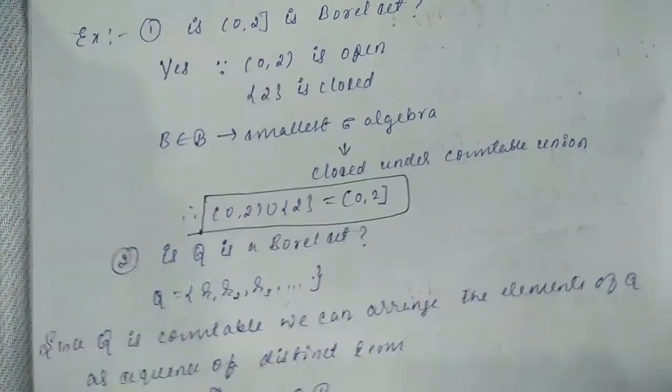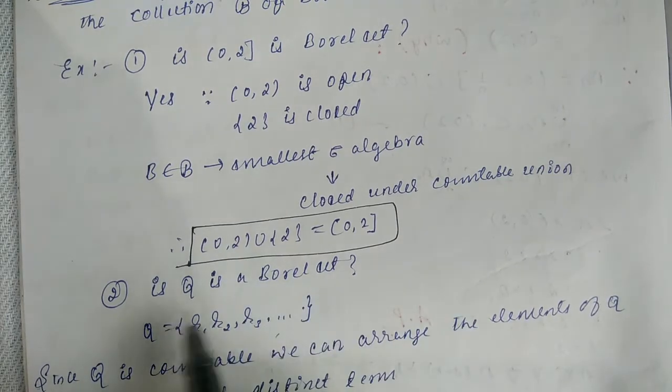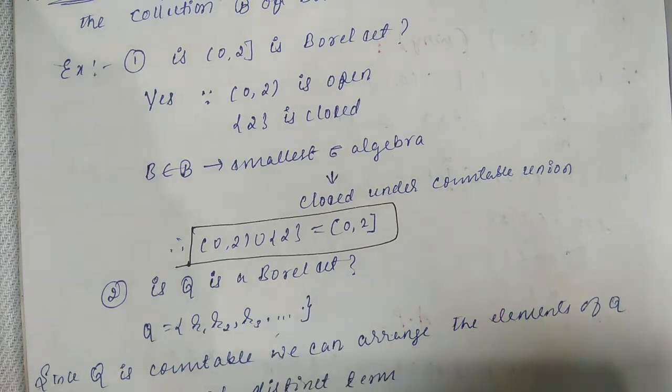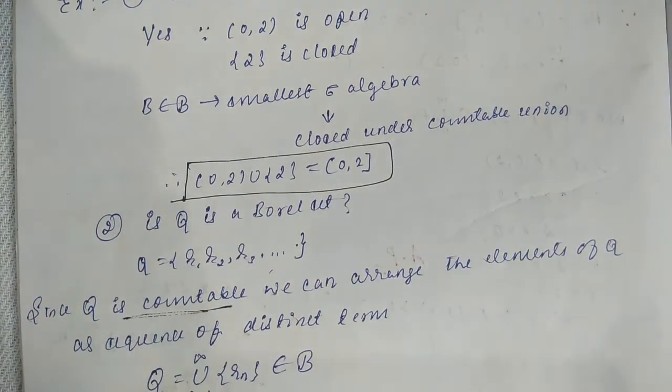Is it clear? So next, the second problem: is Q a Borel set? Q is the set of all rational numbers. Is it a Borel set? Yes. Why? Q is countable. You know that the set of all rational numbers is a countable set. You studied this in real analysis too. So we can arrange the elements of Q as a sequence of distinct terms.